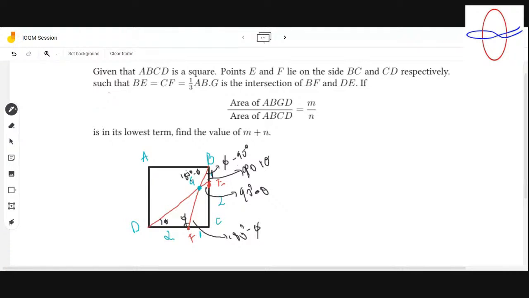Any ideas from your end, guys? How do you find the area of that? Suppose it's 1, it's 2 over here. So how do you find the area? Any ideas?